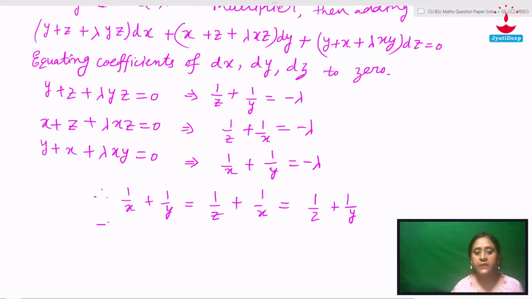Okay, this implies 1 upon x is equal to 1 upon y is equal to 1 upon z. This implies x is equal to y is equal to z.